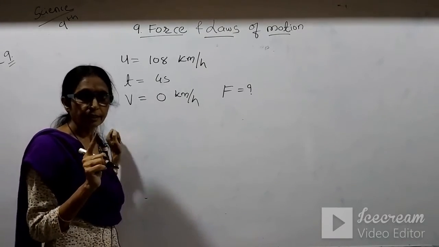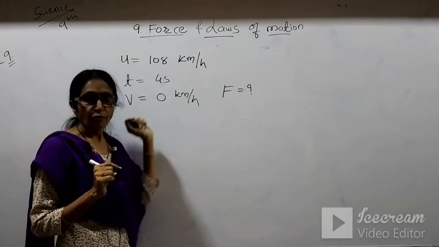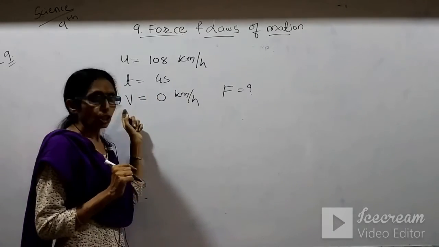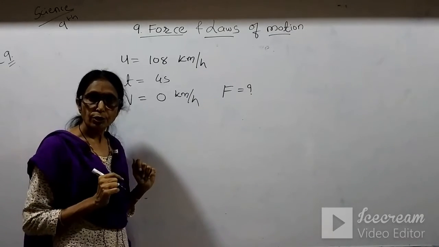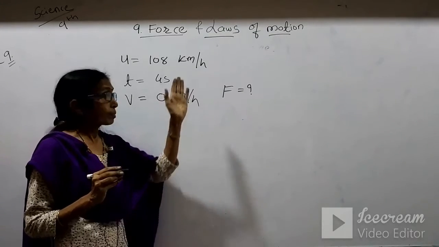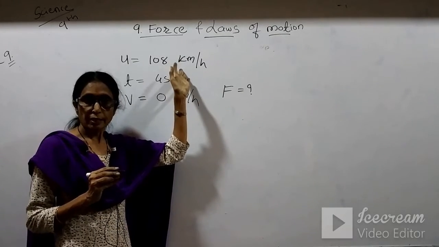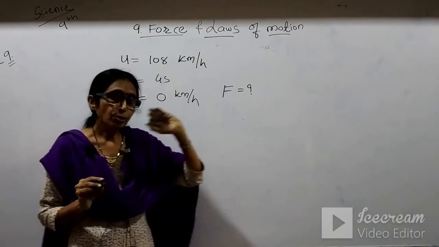After 4 seconds, it stops. So time is 4 seconds. v, it stops, means velocity comes to 0. Students, here we can see that initial velocity is this much and final velocity is 0.